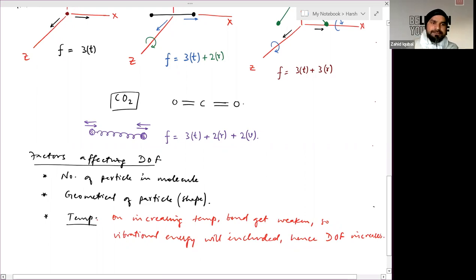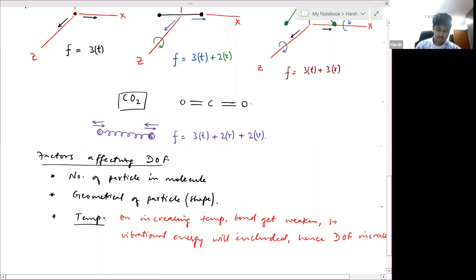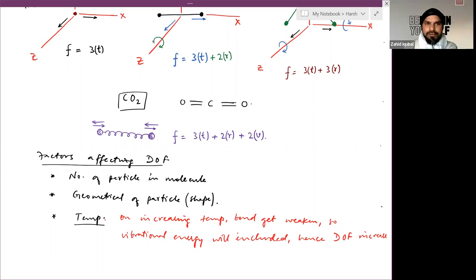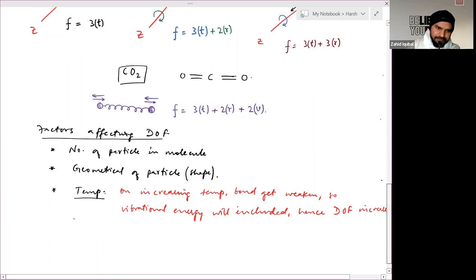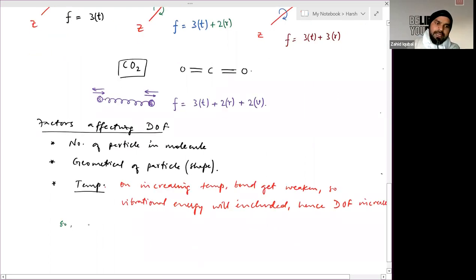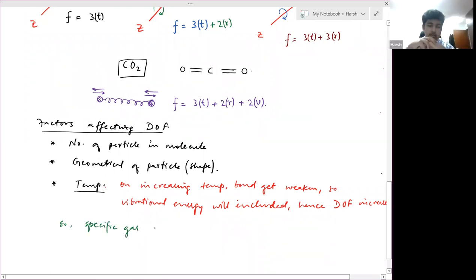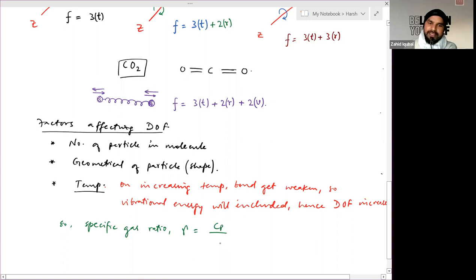Harsh, any doubt? No, sir. So on the basis of this degree of freedom, we may define gamma as the specific gas ratio. Gamma is equal to Cp divided by Cv.